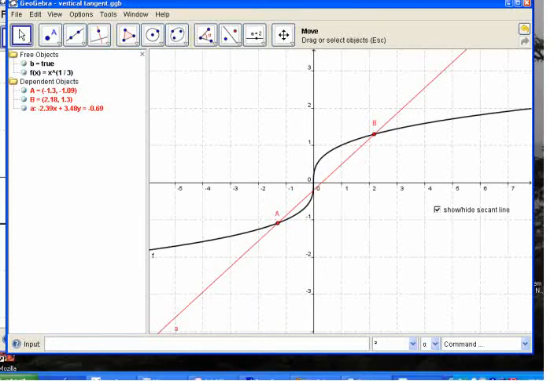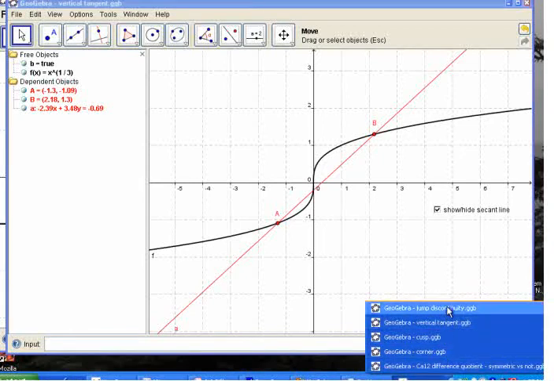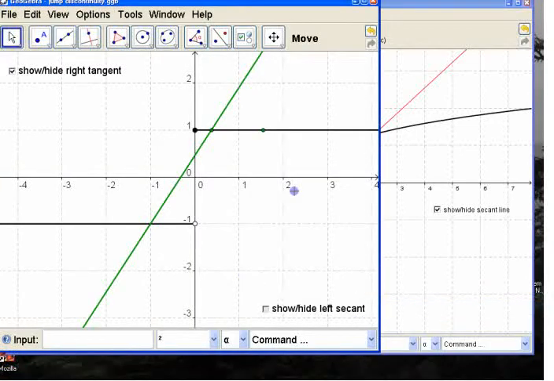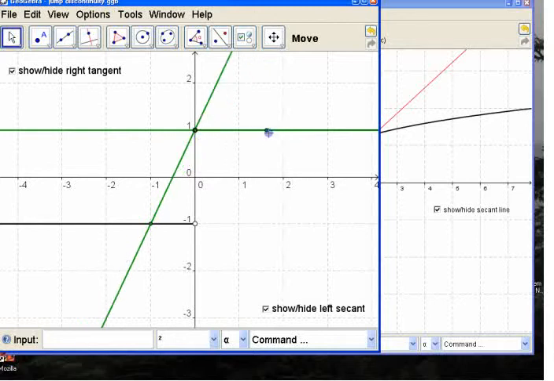And then the last one was this jump discontinuity. This one's going to have to be from either side. I think I have it backwards actually, but that's okay. From the right side, if you look at the secant line from the right side of this function, the function is just this thing with a jump in it like that.